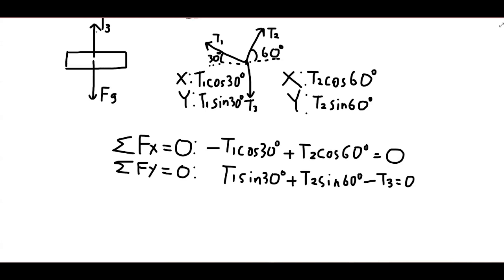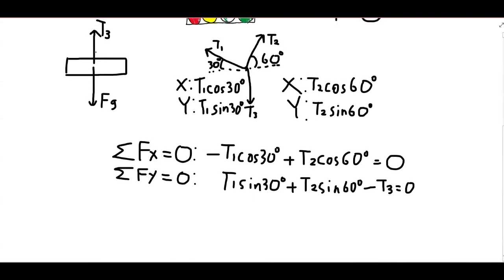And over here, the free body diagram, the traffic light over here, we also need to write an equation for this. Since T3 is pointing upwards, I'm going to say T3 minus FG is equal to 0.